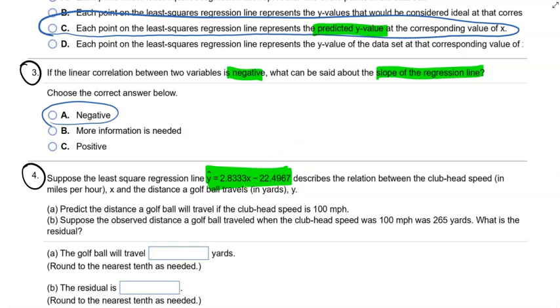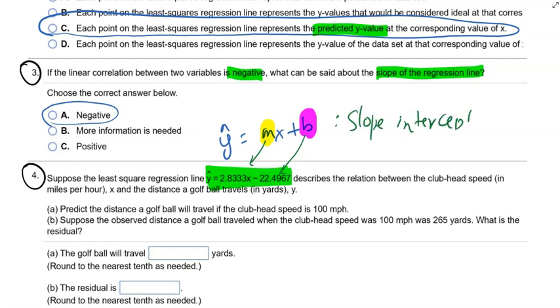This is pretty much the equation in the form y hat equals mx plus b, where this number represents the slope of the least square regression line, and this number represents the y-intercept. Okay, because this is the slope-intercept form of the equation of the line.